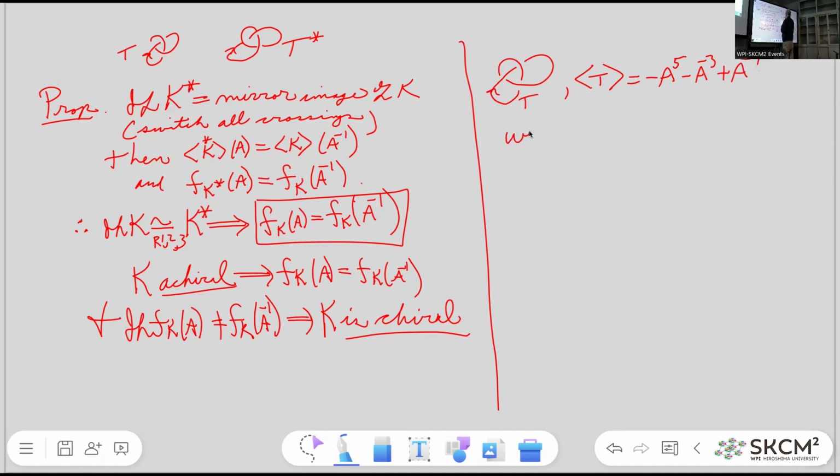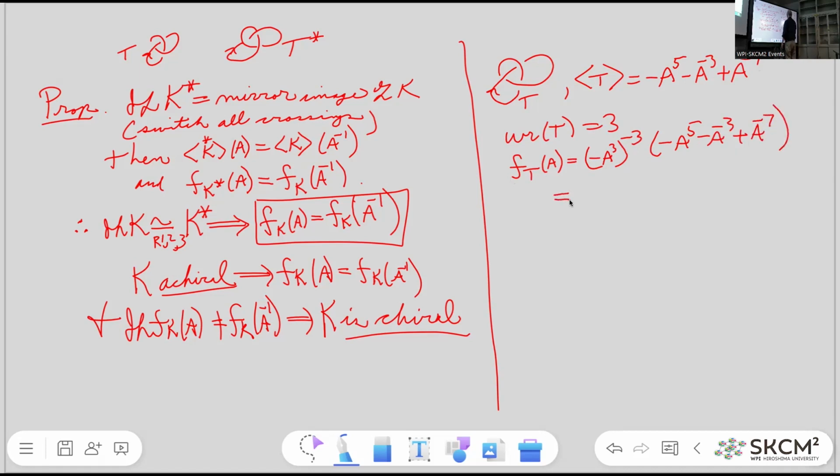And the writhe of the trefoil knot is 3. So that says that F of the trefoil knot is equal to minus A cubed, the negative writhe, multiplied by minus A to the 5th minus A to the minus 3 plus A to the minus 7.